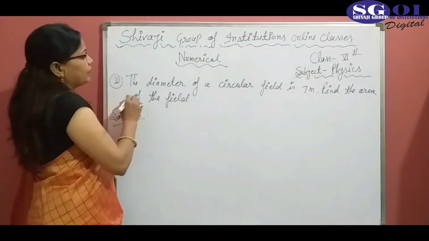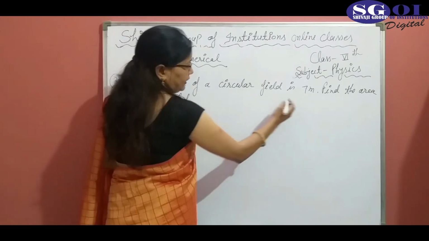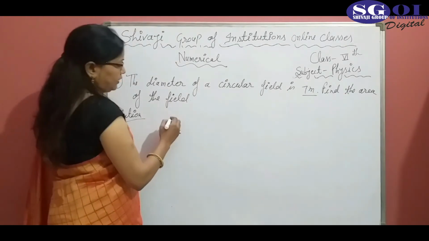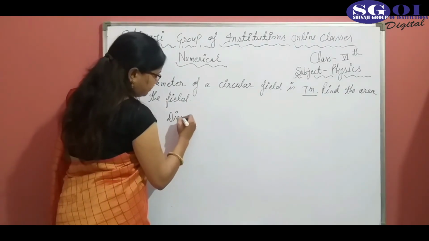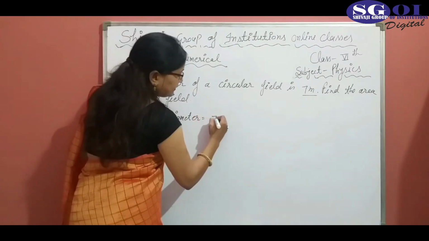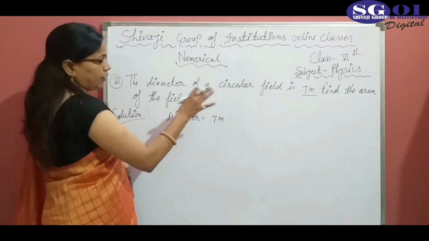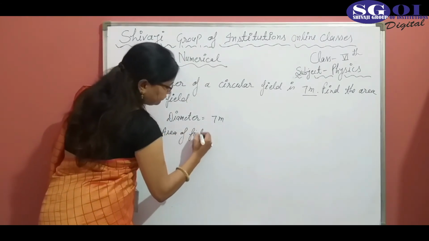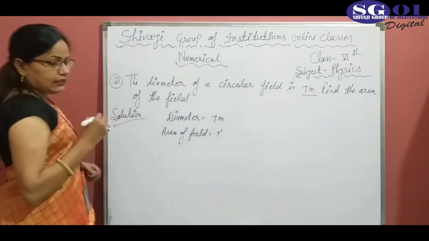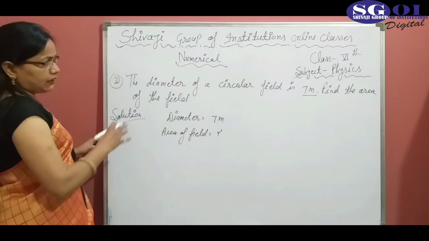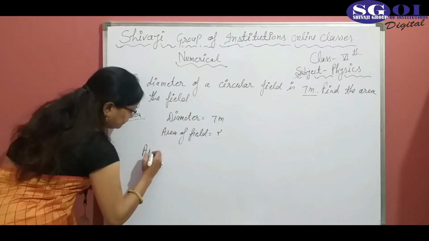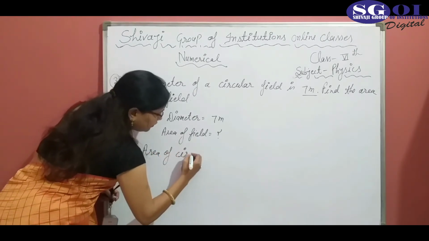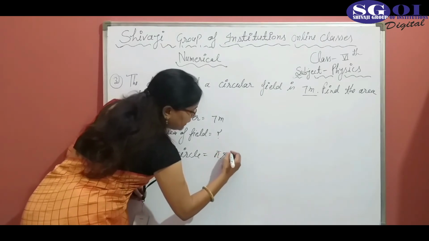Numerical number 3rd. The diameter of a circular field is 7 meter. Find the area of the field. Student, in this question, diameter is 7 meter and we have to find out area of the field. Student, as we know that the area of the circle equal to pi r square.